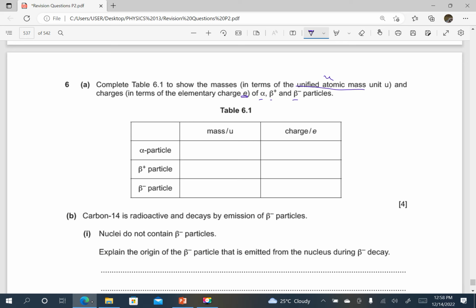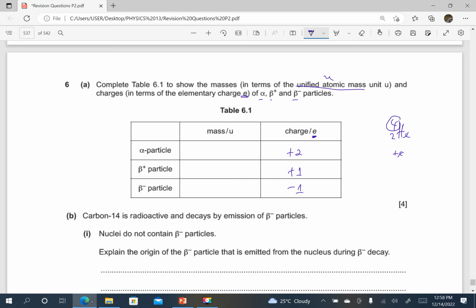Okay, so let's begin with the charges. An alpha particle is a helium nucleus, that is He-4-2. So the charge of an alpha particle is positive 2e. Then beta plus is positive 1e. Beta minus is negative 1e. e is already given there, I don't need to write it again.